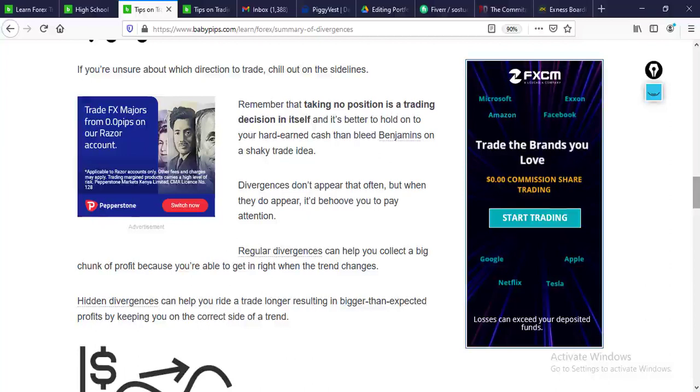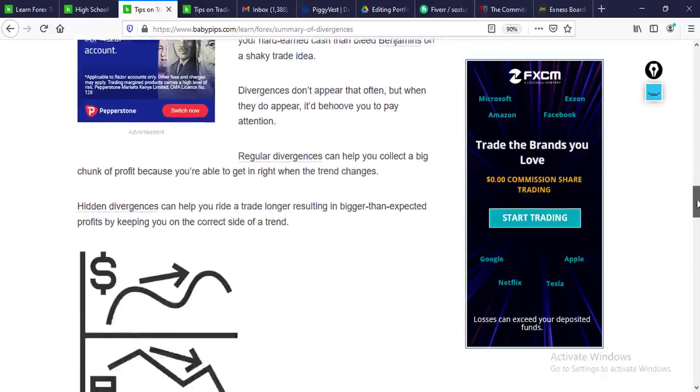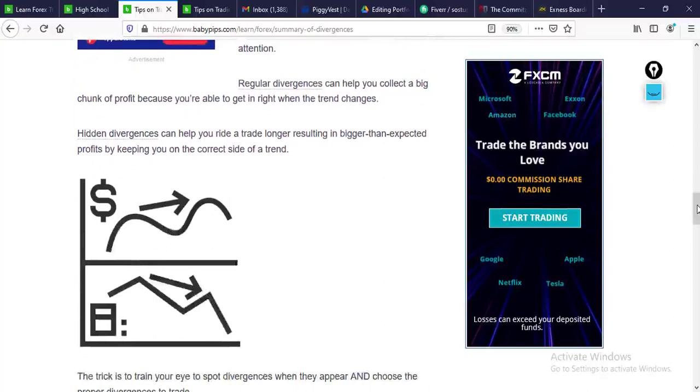So remember this: DVs don't appear often, but when they do, it is left for you to pay more than the usual attention. Regular DVs can help you collect a big chunk of money because you are able to get in right when the trend changes. And hidden DVs can help you ride a trade longer, resulting in bigger than expected profit by keeping you on the correct side of the trend.